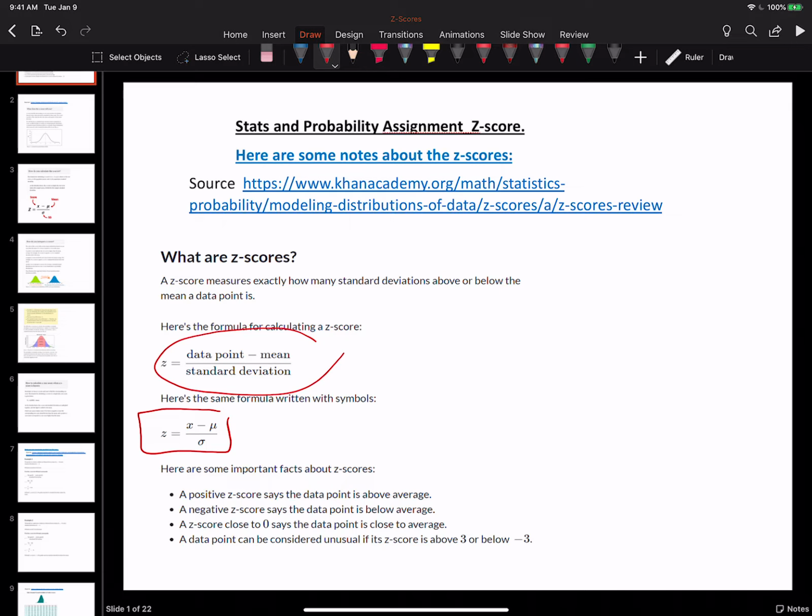A data point can be considered unusual if it's over 3 or below -3. Most of the data set in a standardized data set goes between 3 and -3, rarely above 3 or below -3.